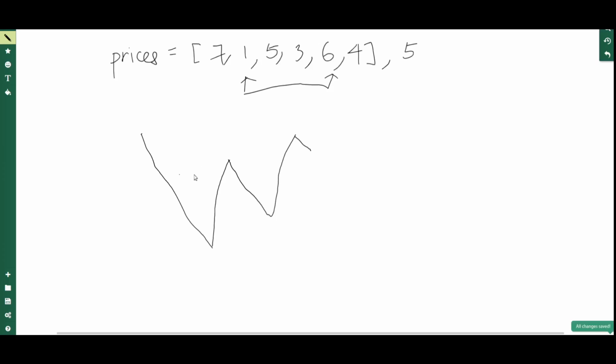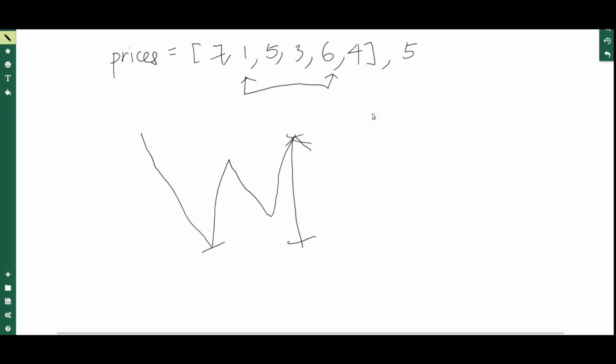So we can see that in this graph, what we really need to do is simply to find the lowest point and the highest point after the lowest point. And we want to find the maximum profit. That would be the difference between these 2 points. What we can do here is scan the array from left to right, and as we go, we'll take note of the smallest element so far.